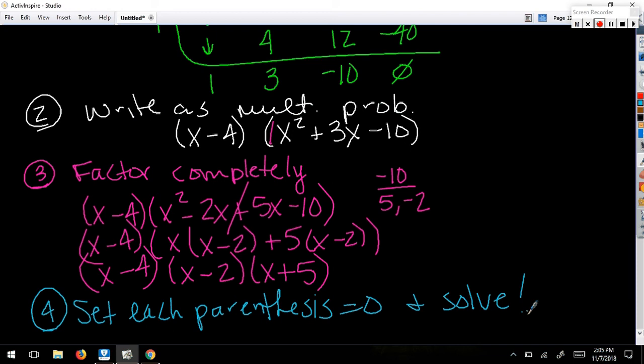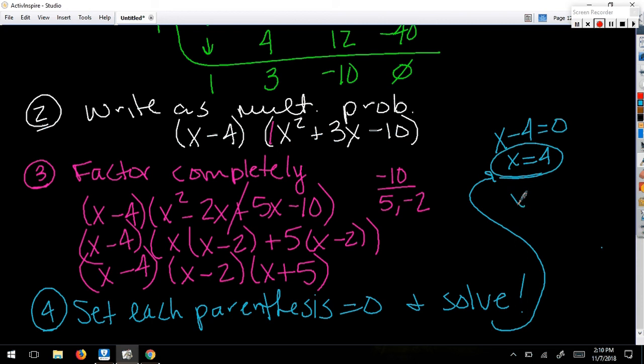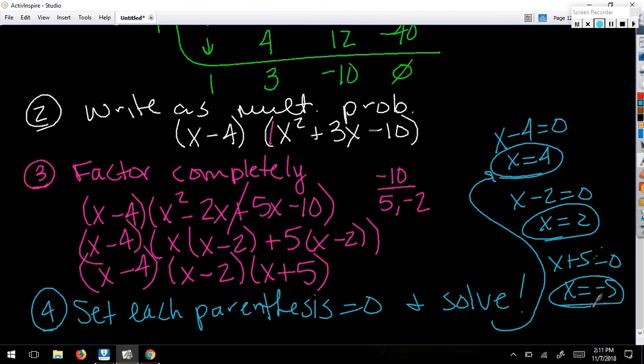And here's a little clue: whatever your biggest exponent is, that's how many answers you have. When I solve this, I got x minus 4 equals 0, so there's one answer. X minus 2 equals 0, so there's answer 2. And x plus 5 equals 0, so x equals negative 5. Those are your answers. Does that make sense?